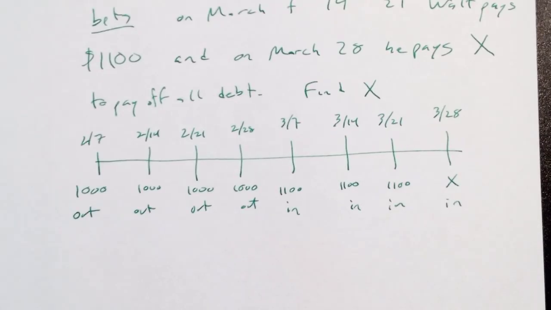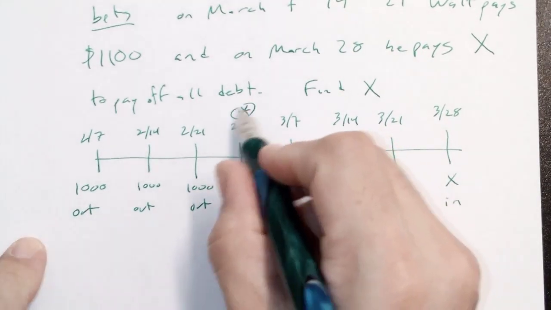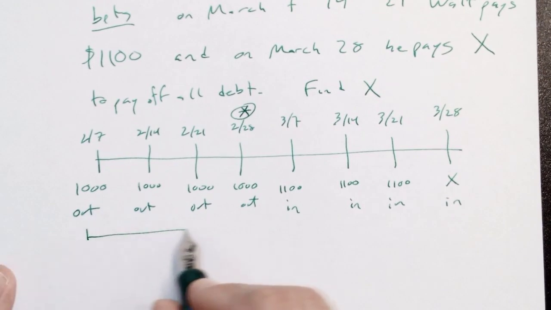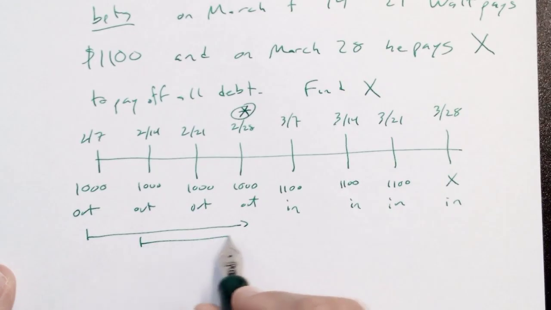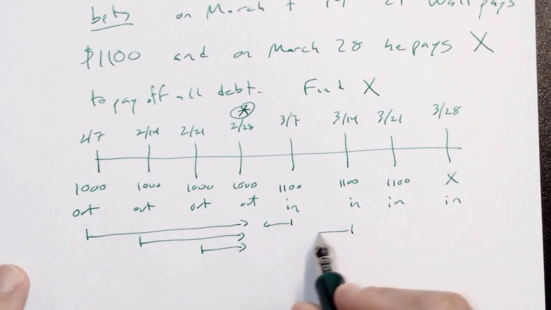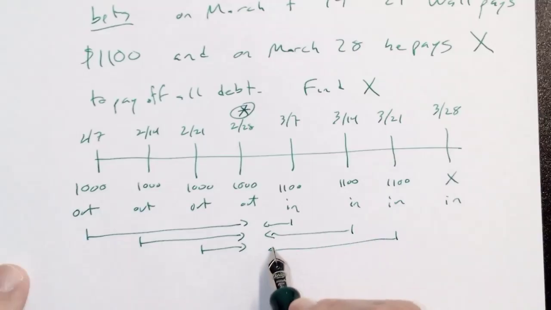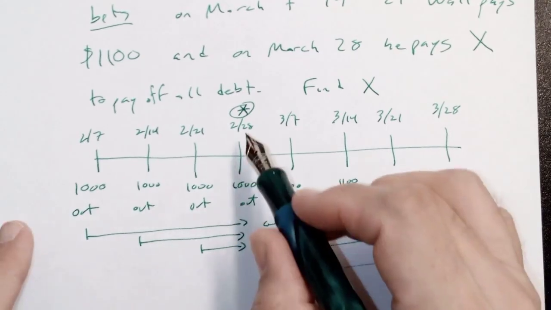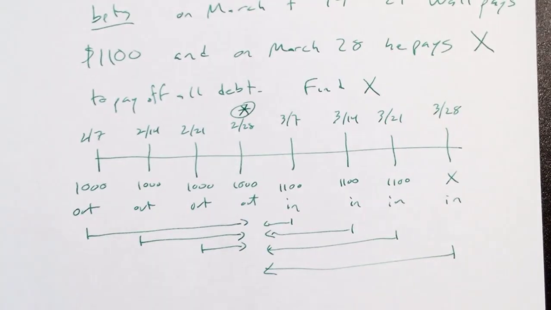So I'm going to put a star right here. That's my valuation date. This is my choice. So let's think about the amount of time it takes to bring these things here and to bring these things here. Then everything will get balanced right around this.